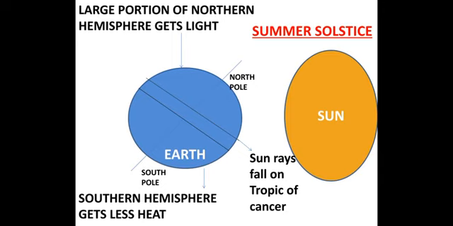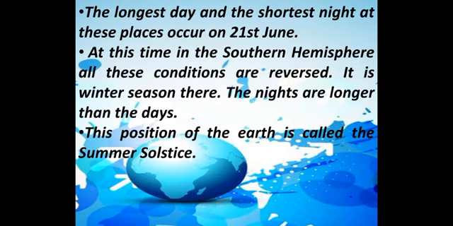So it is the summer solstice when most of the part, that is the northern hemisphere, is facing the sun, and it is summer season in the northern hemisphere. The longest day and the shortest night at these places occur on 21st June. At this time, in the southern hemisphere, all these conditions are reversed. It is winter season there. The nights are longer than the days. This position of the earth is called the summer solstice.